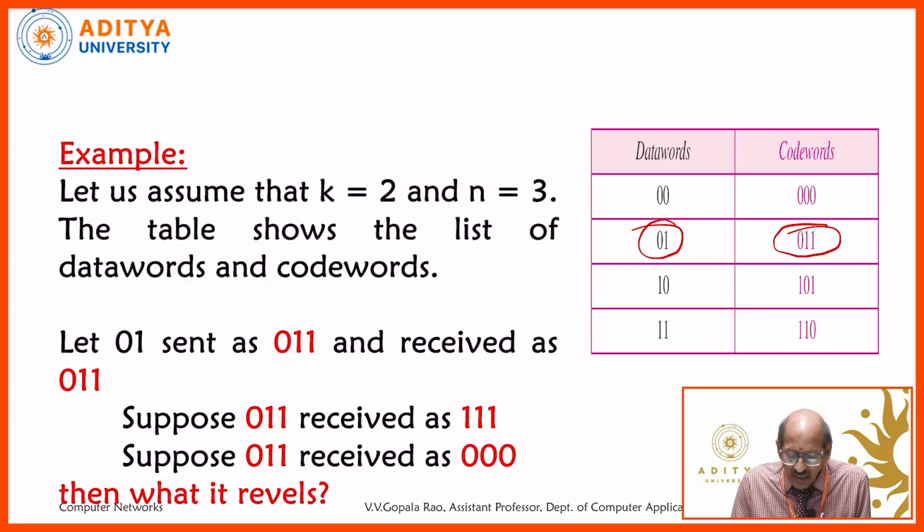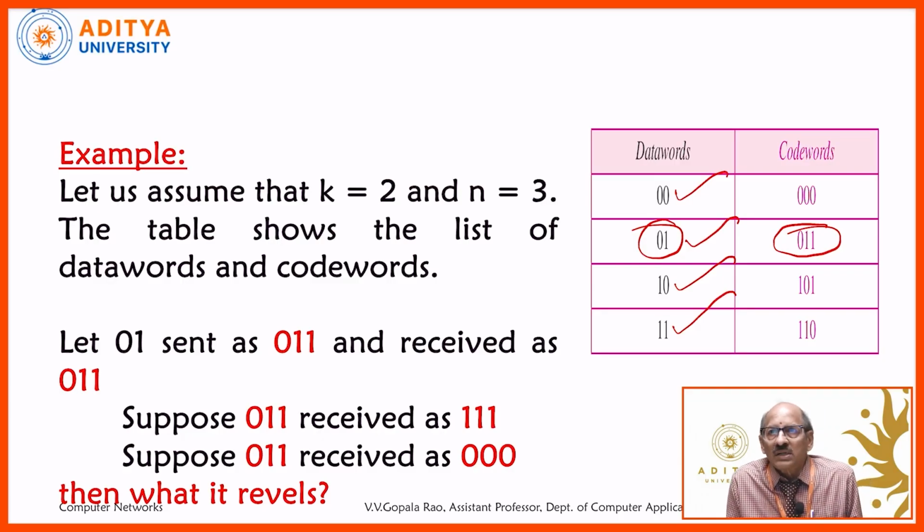These are the data words which are expected by the sender to send in due course. Sometimes it may send 0 0, sometimes 0 1, sometimes 1 0 or 1 1, whatever it is. These are the possibilities of data words expected by the sender. Similarly, for each and every data word, the respective code word is predetermined and predefined, and it should not be altered, which is unique.